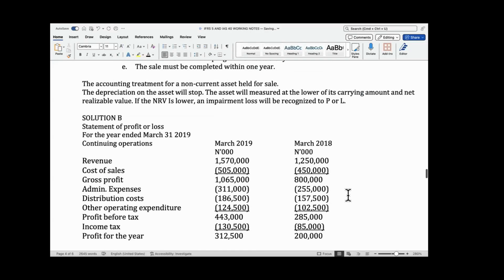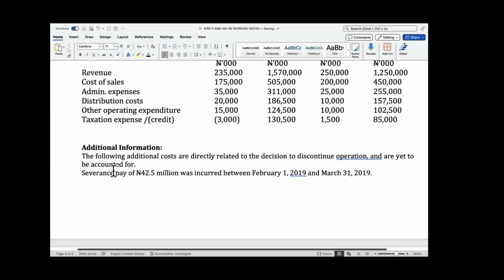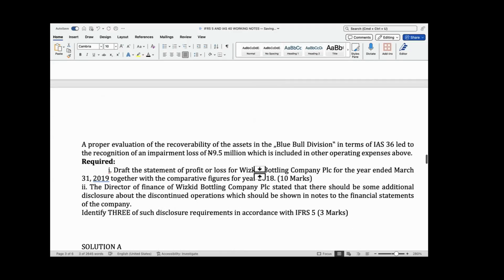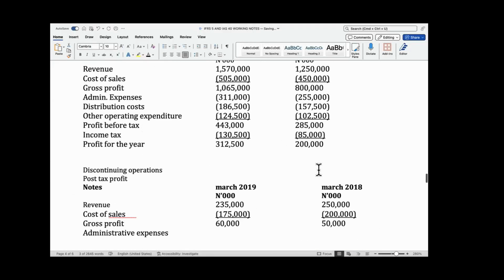My administrative expenses. Let's not forget this severance pay that they incurred on these discontinued operations. We need to remember to add it. And also, there was an impairment loss on this discontinued operation that they have already added in operating expense. So we need to also remember to consider that as well.